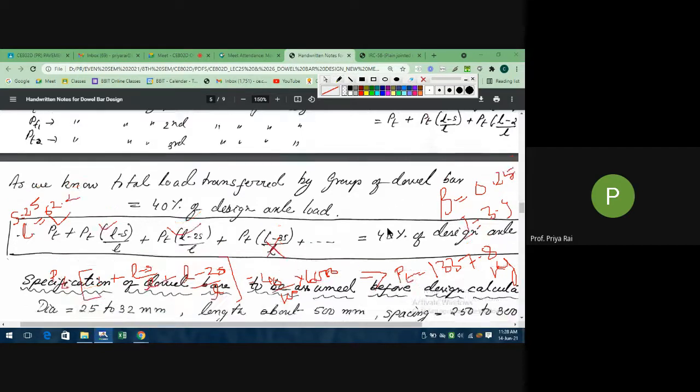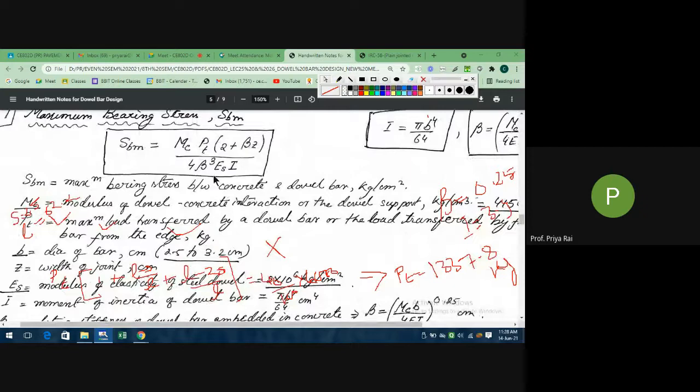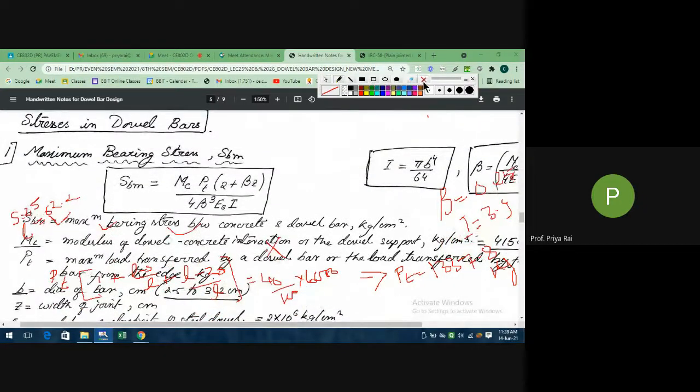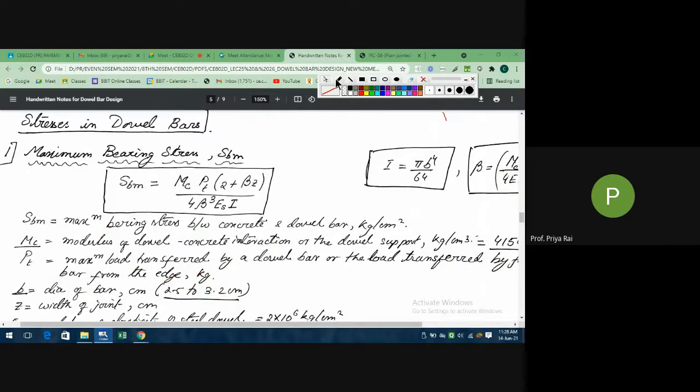Now simply we will substitute in this equation. So use this equation. See what all we have. MC is 41500 kg per centimeter square. PT is 1337.8 kg.